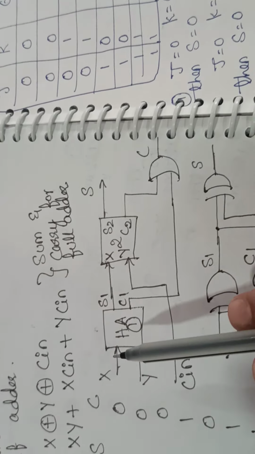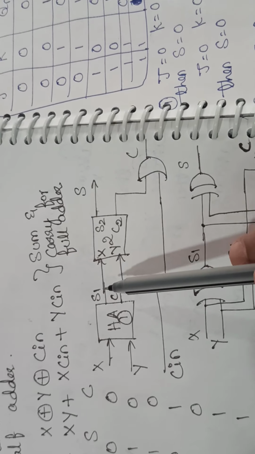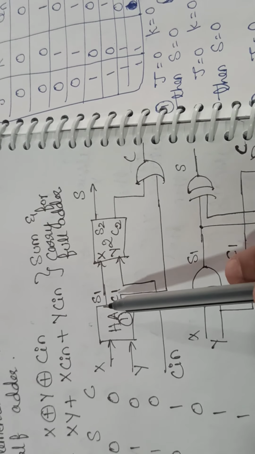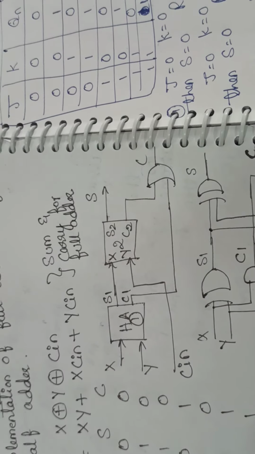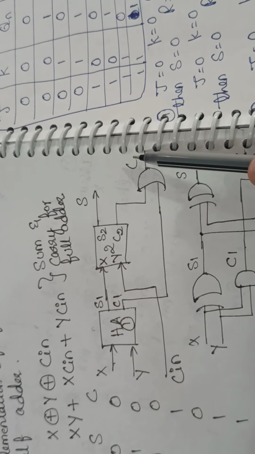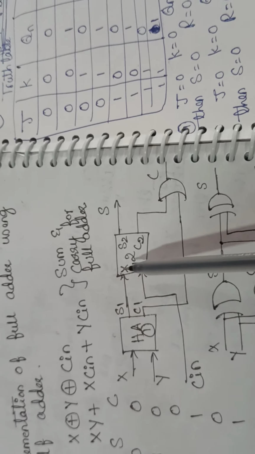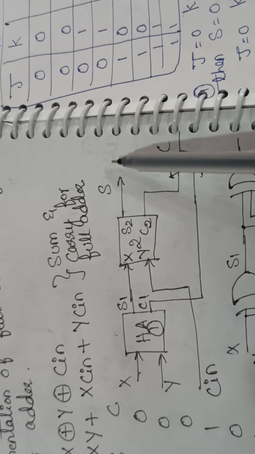The third input c in is given as an input to the second half adder, and the previous half adder sum is given as the other input to the next half adder. The sum is generated, and the carry of the previous half adder and the current half adder are combined with the OR gate, and carry is generated. This is the complete block diagram.